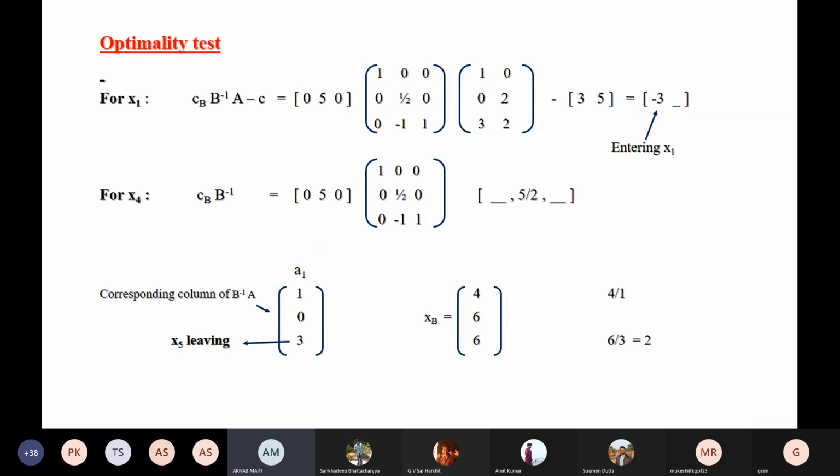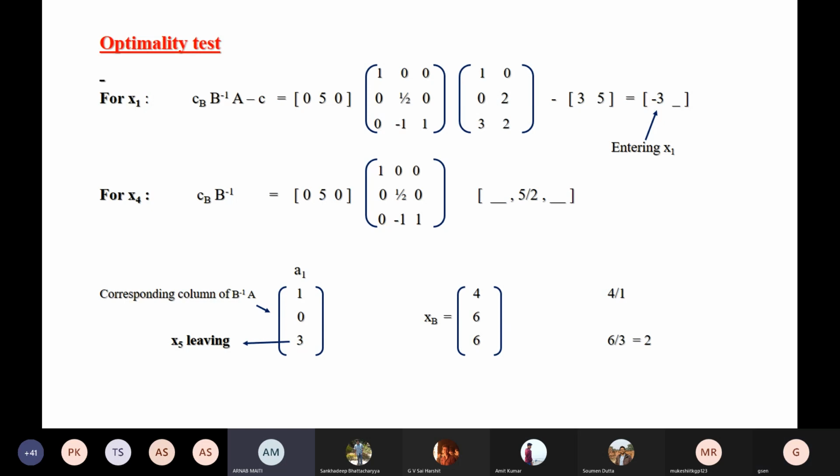Then using B inverse A, we compute the column corresponding to x1. I got the column as 1 0 3. Then we do the minimum ratio test. We'll have two values, 6/3 and 4/1, so the minimum ratio test says the leaving variable will be x5.